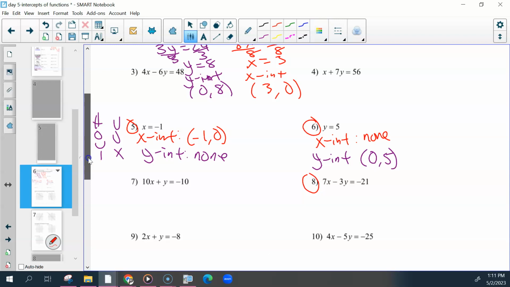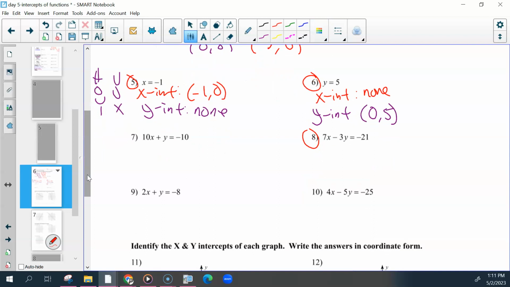With 8, same process as 1, but we're going to skip some of the steps. So I'm going to find the x-intercept first. So the y value has to be 0.